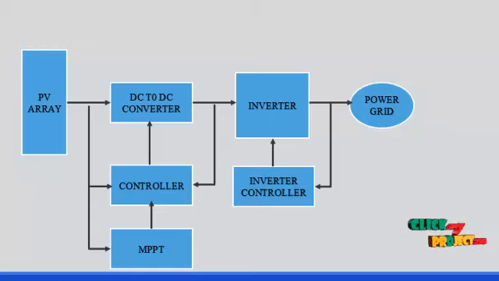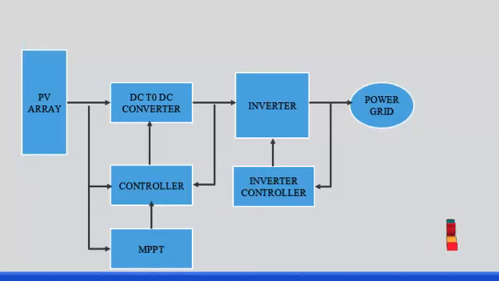Then the DC to DC converter boosts the voltage level from the solar output to the DC converter output. Then that voltage is fed into the inverter circuit, which performs DC to AC conversion. The inverter consists of 3 legs, each leg having 2 switches, so totally 6 power electronic switches are connected in the inverter circuit.